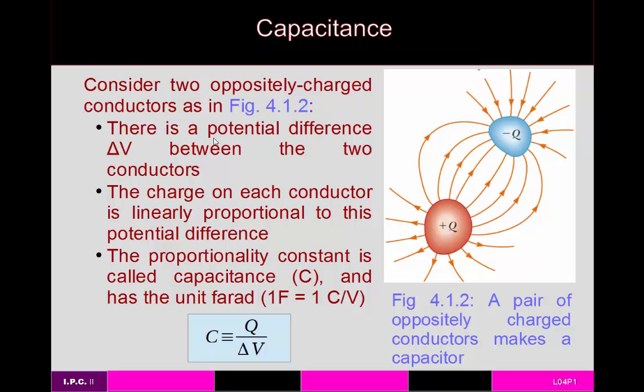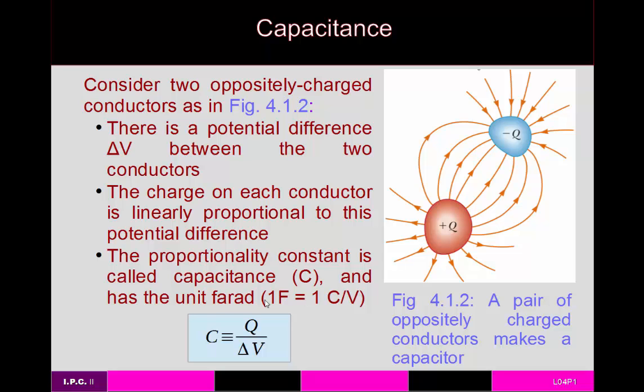The potential difference between the two is linearly proportional to the charge on each of these, which means that it can be written by some equation that looks like y equals mx plus b. And the proportionality constant, the equivalent to the slope in that equation, is called capacitance.